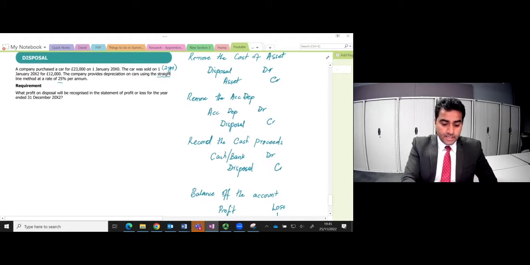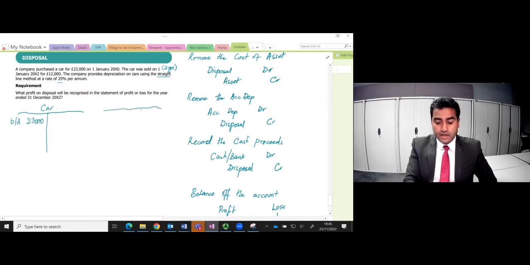So the first thing is I need to record the car. The car will be recorded over here, brought down balance of £23,000. Over here I need to have the accumulated depreciation account.